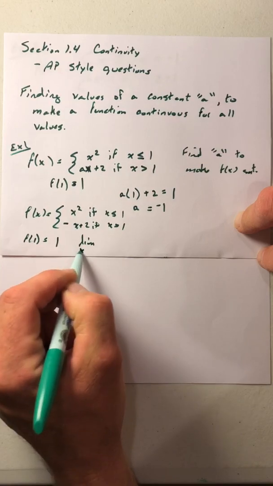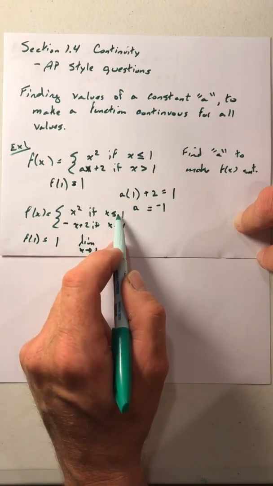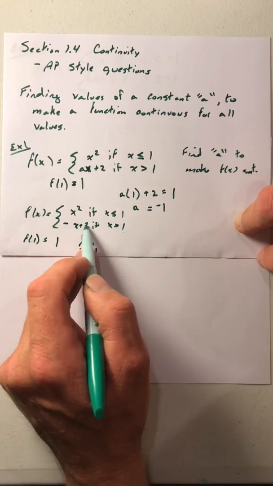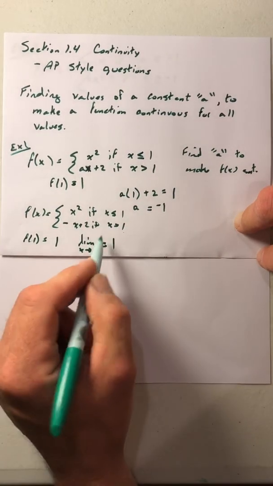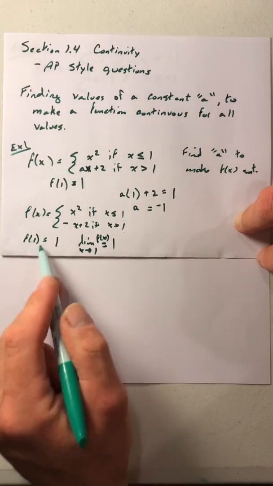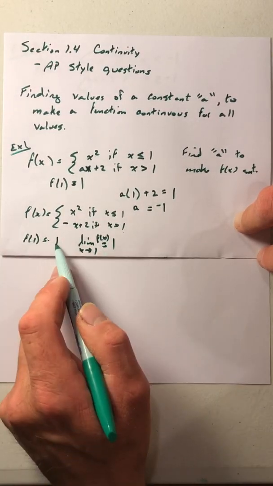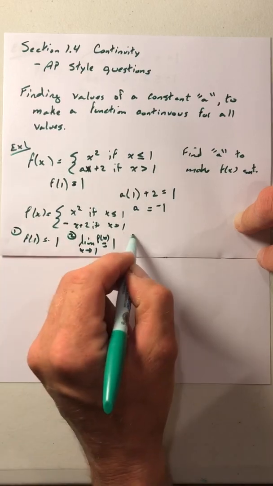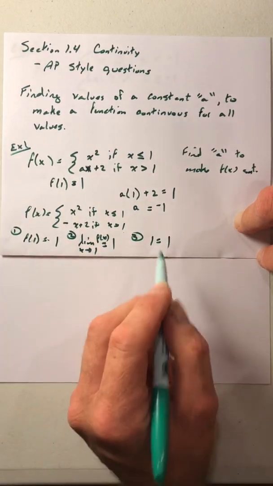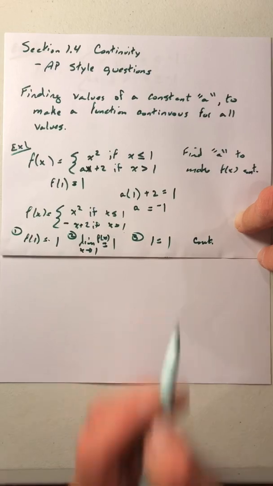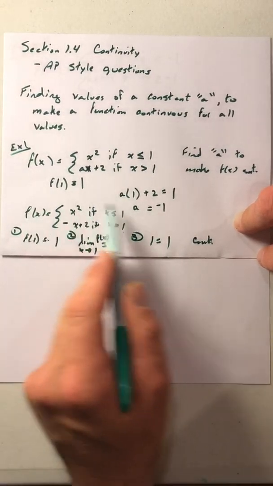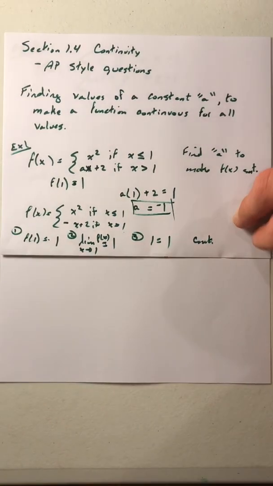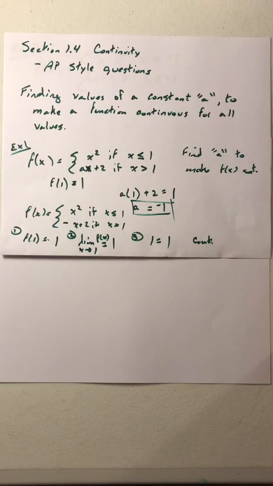The limit as x approaches 1 from the left side was 1. From the right side, if I plug in 1, I get negative 1 plus 2. That also gives me 1. I guess I should put my f of x there. So my value and my limit, those two values are the same. It was rule 1, rule 2, rule 3, 1 equaled 1. So we know this is a continuous function. Again, that's just checking our work. Really, our final best answer there is a equals negative 1.